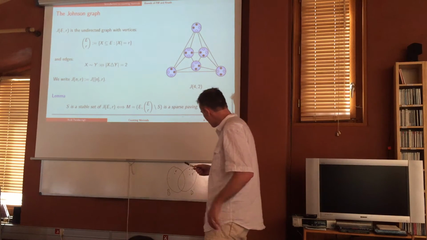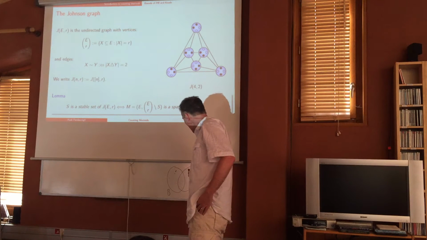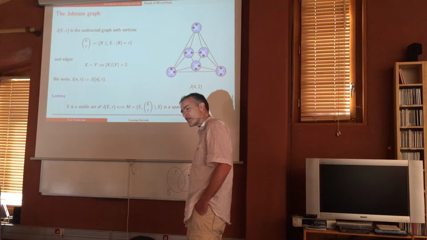But that means that exchanging E with F gives a dependent set, and exchanging E with F prime gives a dependent set. And these two dependent sets are very close.